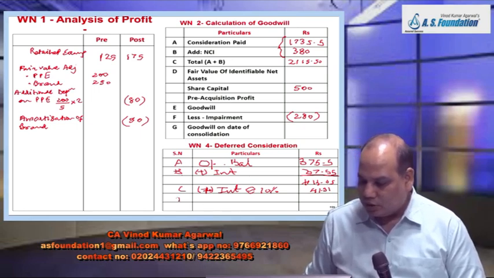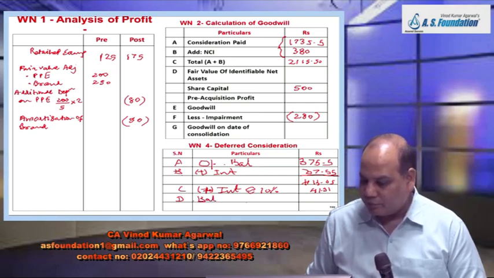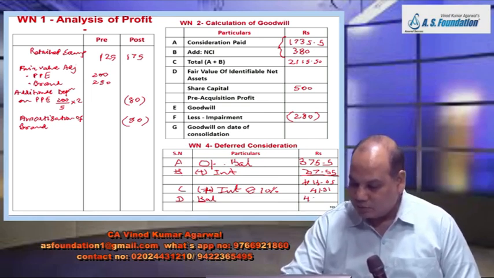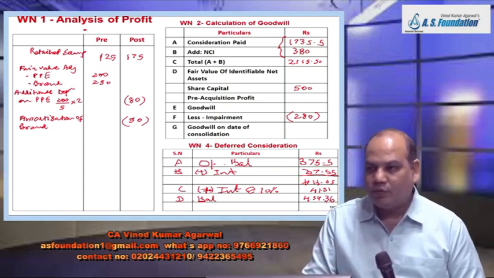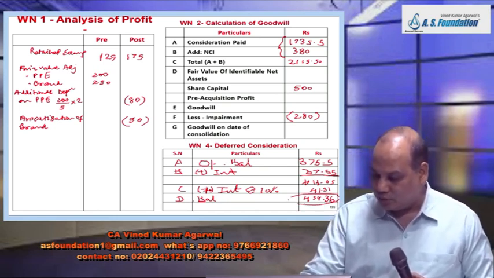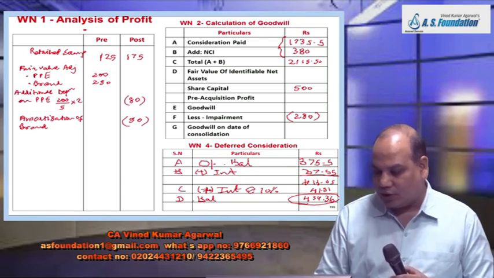So point number D, write down balance at the end of second year. Tell me the total now, balance at the end of second year. 454.36. So this you write in SOFP, and the interest you will write in SOCIE.